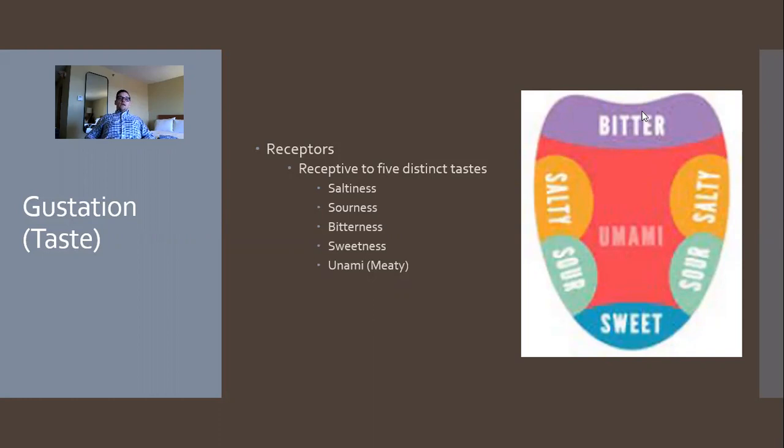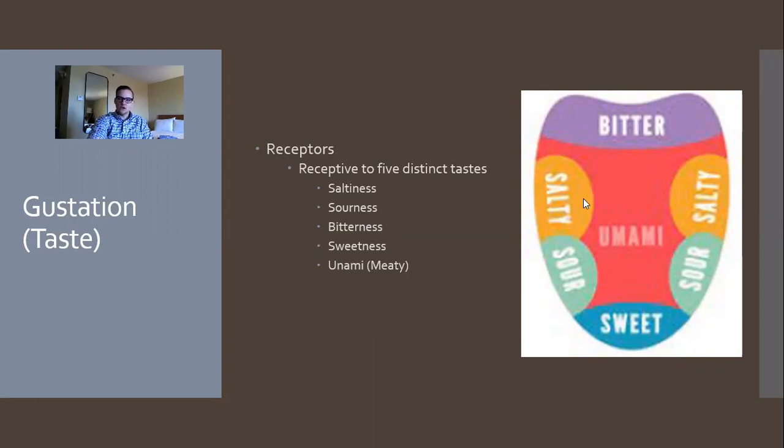Now, we traditionally have taught and have thought that different areas of the tongue were sensitive to different tastes. Although you can think of this as being largely still true, it's not as cut and dry.